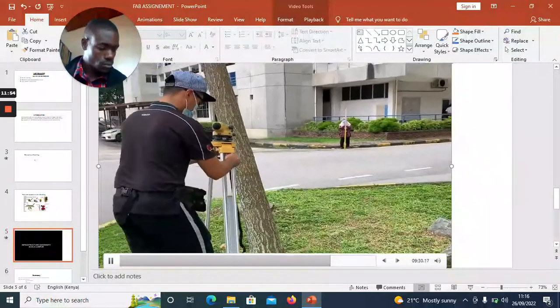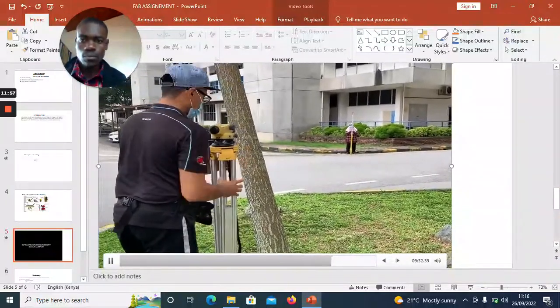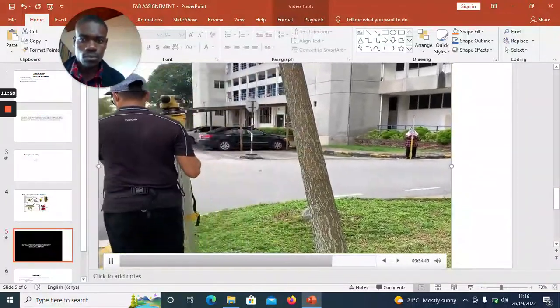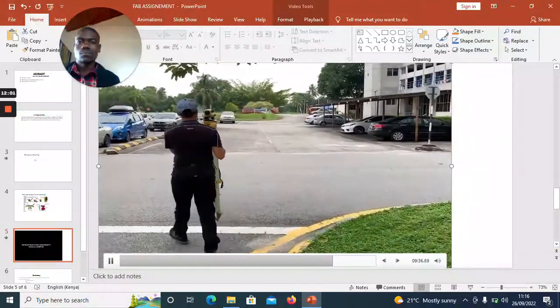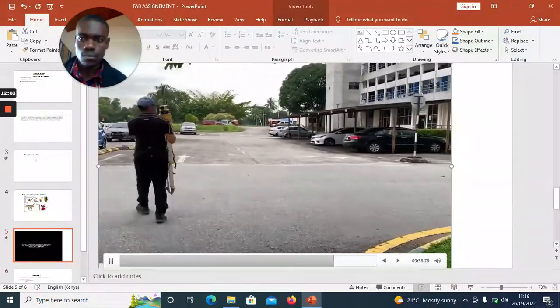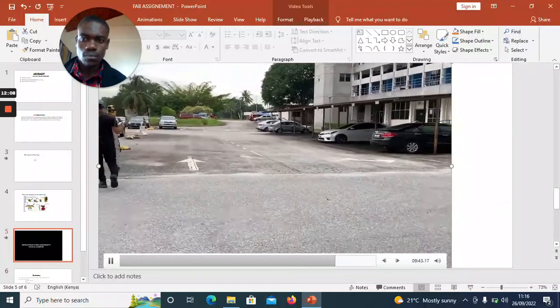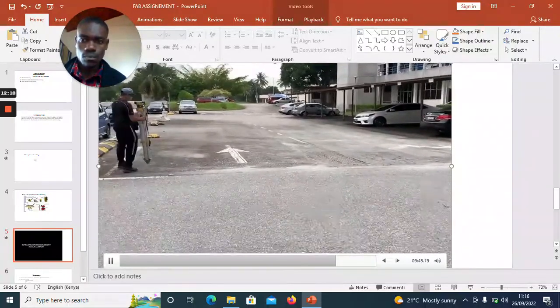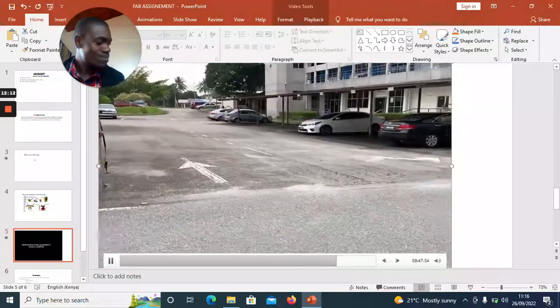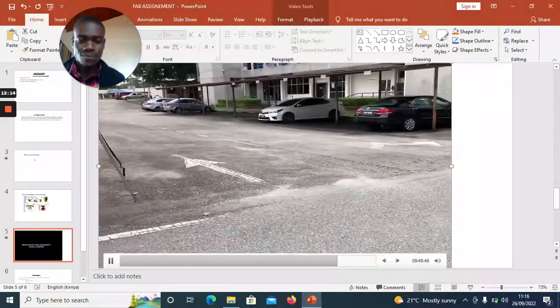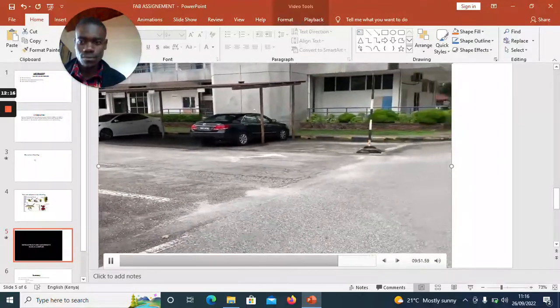So right now we are going to adjust and tune our auto level to another point, that is our next setup, so that previously our measurement of the foresight will be our backside when we are returning the level run to the first point that we started with.